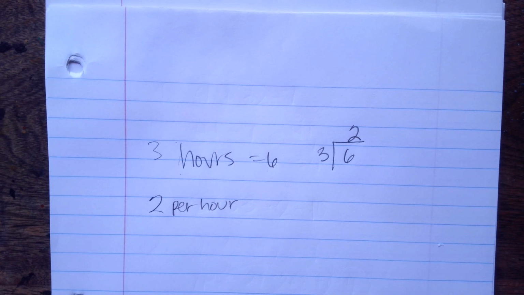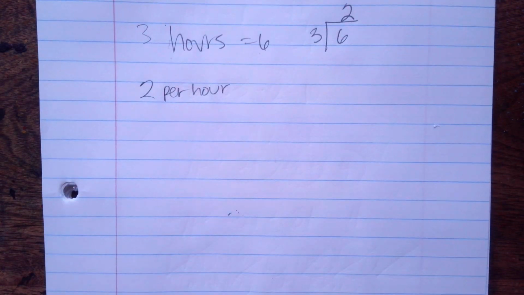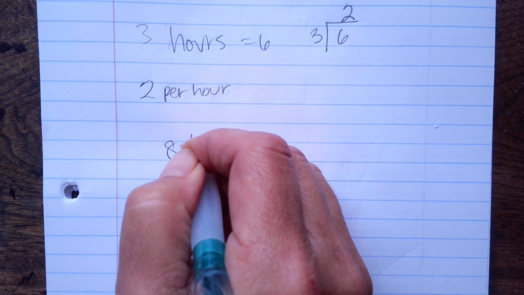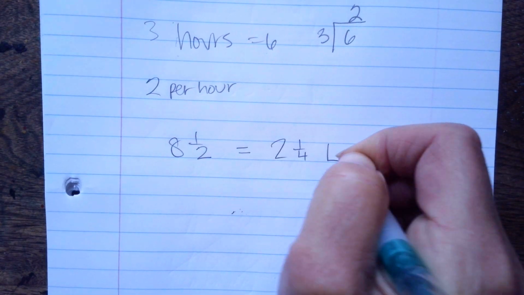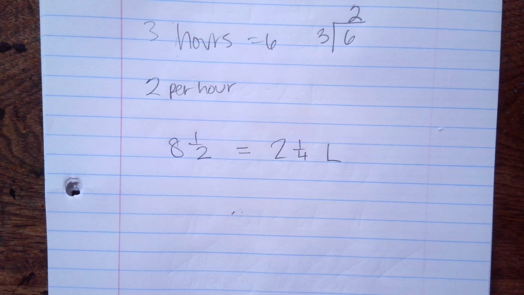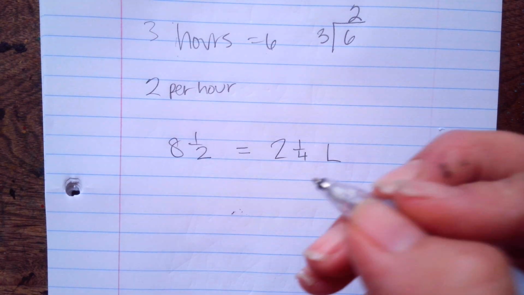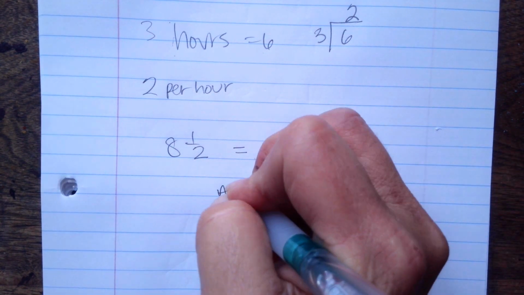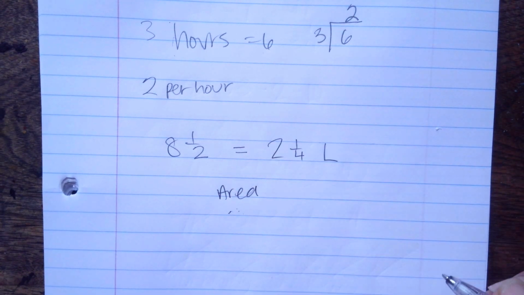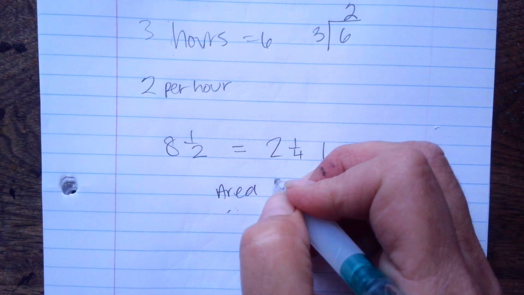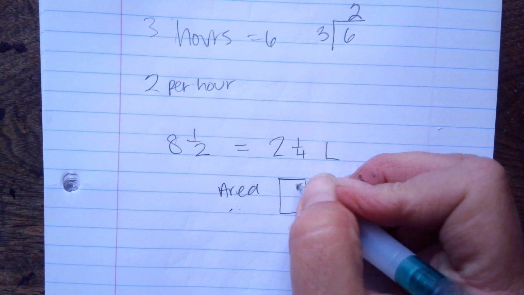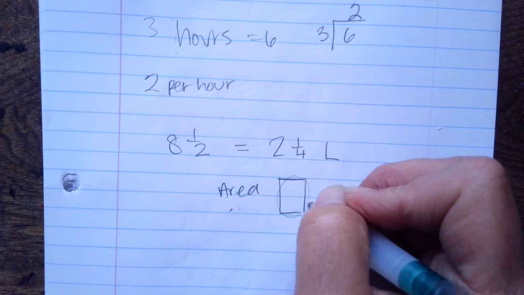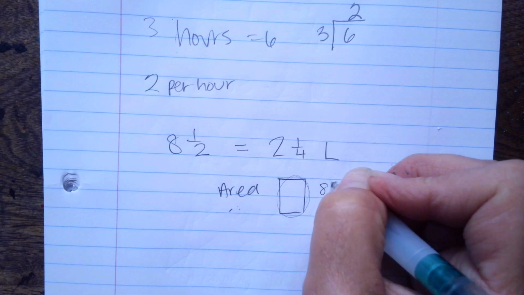Number 8. So this is the one that you said you didn't understand. So 8.5 equals 2 1/4 L. So we know that they're talking about area, right? And so she has a poster, and the total area is 8.5.